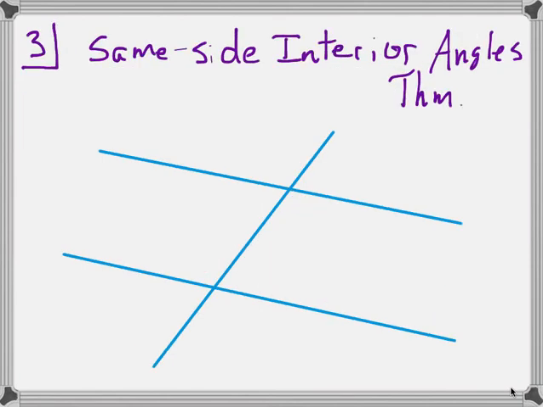Lastly, let's look at same side interior angles. Interior means we're still inside the parallel lines. So it's going to look like it says inside the 11, but it's parallel lines. Let's say we have angle 1 here.